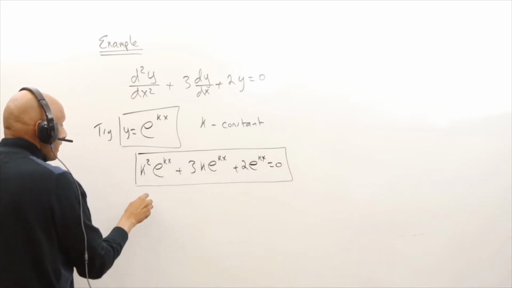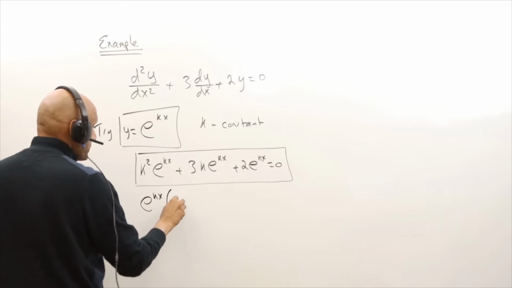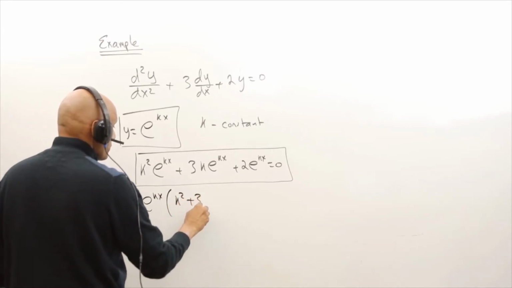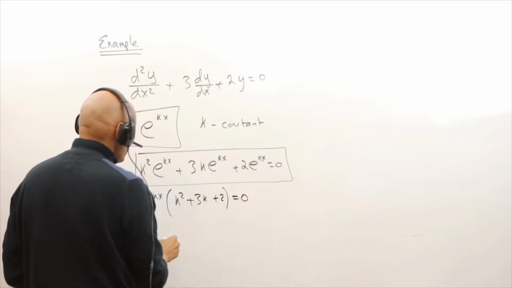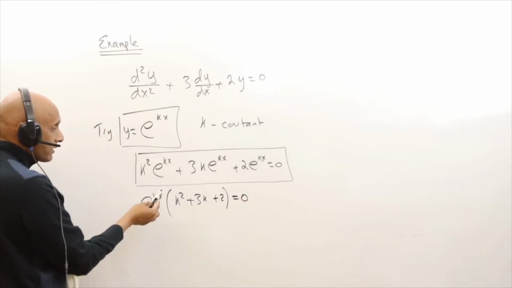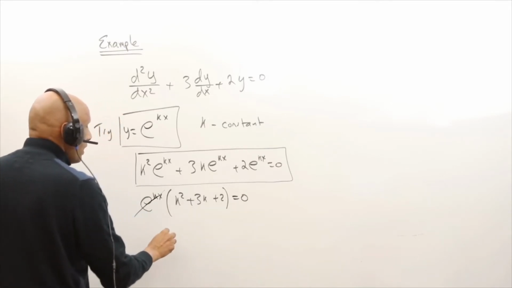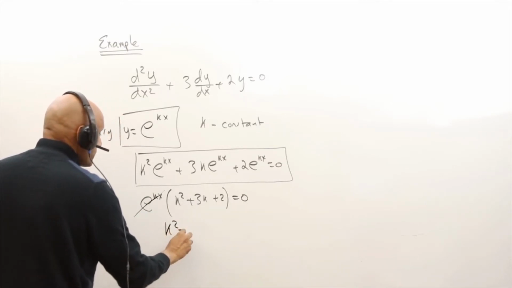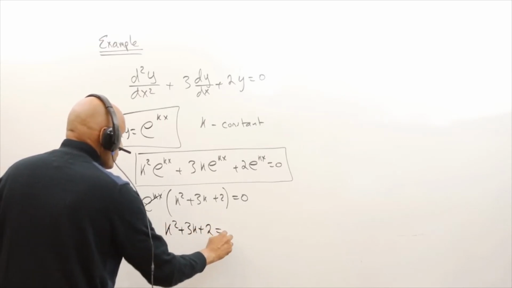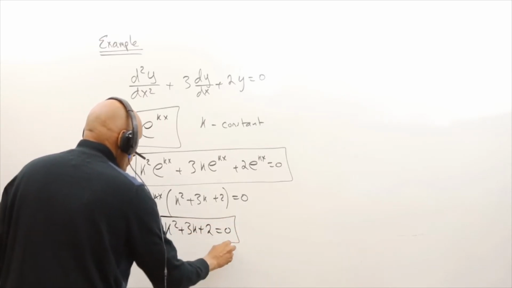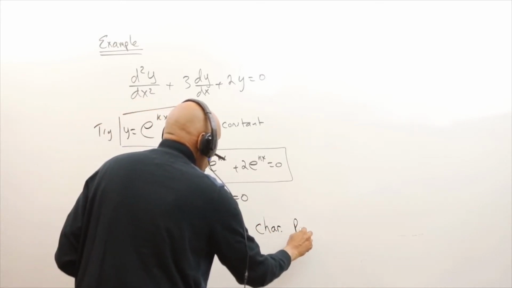Factoring out e to the kx, we're left with e to the kx times (k squared plus 3k plus 2) equals 0. e to the kx is never 0, so we can divide both sides by it. We're left with something called the characteristic equation, k squared plus 3k plus 2 equals 0, sometimes called the characteristic polynomial.